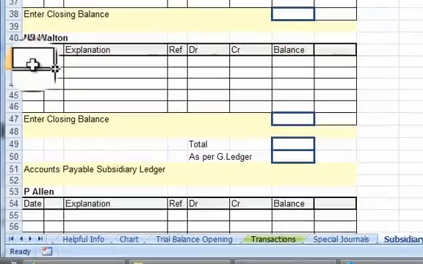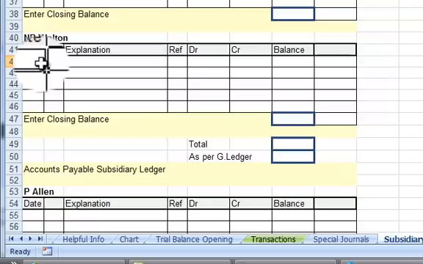We need to go to, by now you should have entered in what her opening balance was, if you've worked through this. And if I go and look it up now, I see on June 1, opening balance for NB Walton was $20,000. And that's a $20,000 debit.